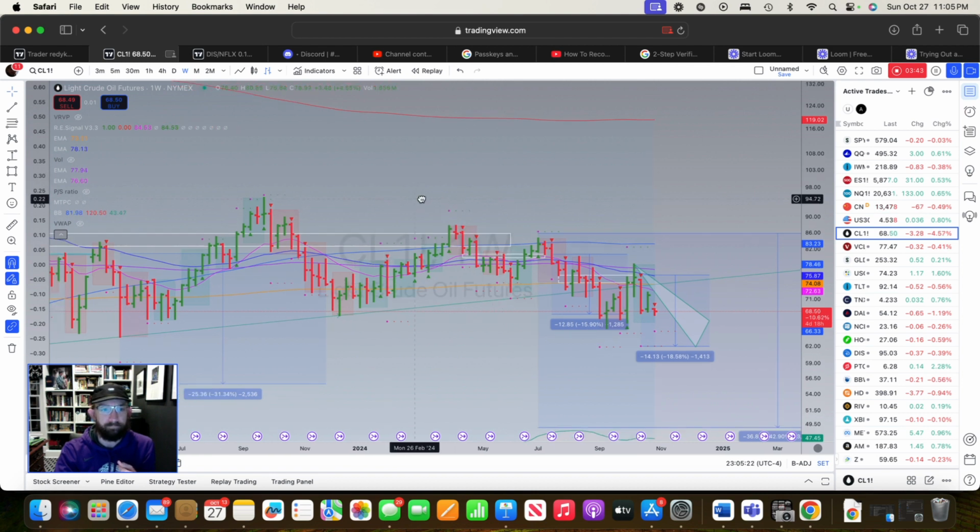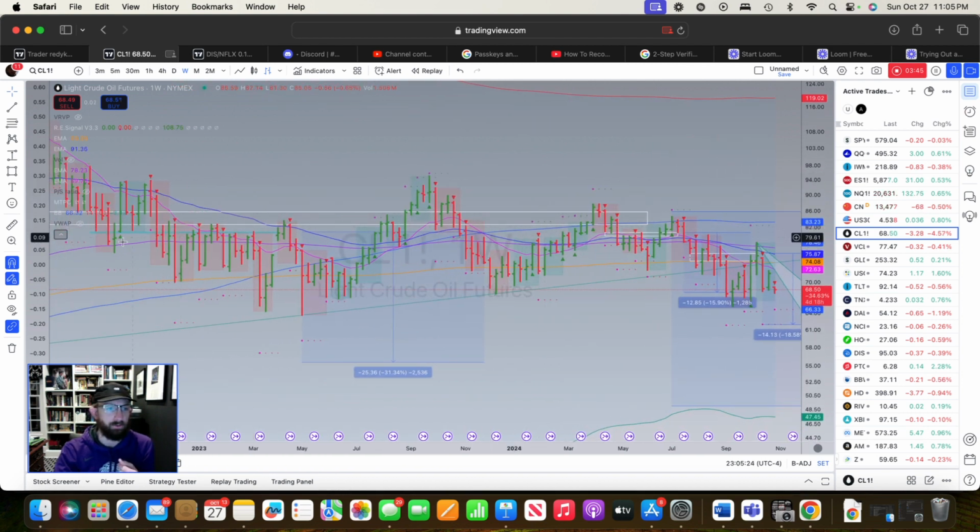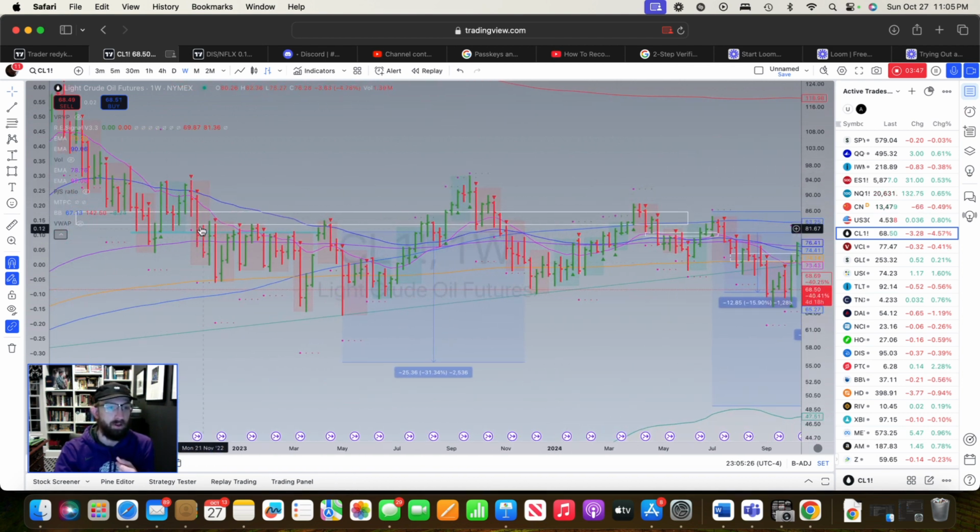I did initially try to analyze oil a while back, back in 2023, and it did initially go down. I don't remember when in relation to the price I drew the idea, but at some point I did. You can see how oil did initially go down quite significantly.